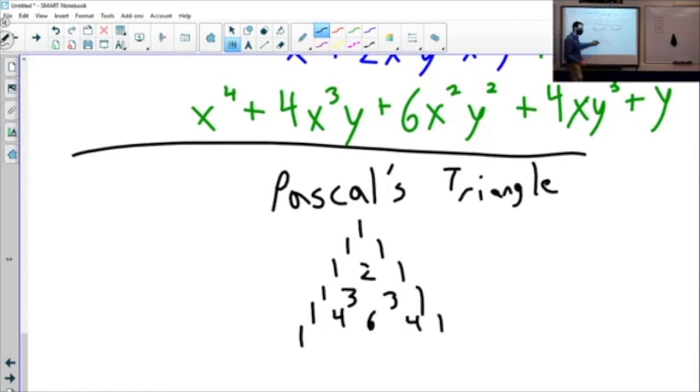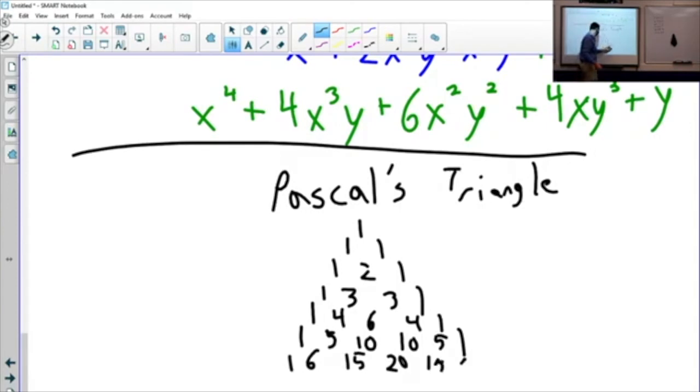So this is 1, then 1 and 4 is 5. 4 and 6, 10. 10 and 10, 20. 15, 6, 1. And here is your 1, 7, 21, 35, 35, 21, 7, 1. And we'll get a formula for this later on.